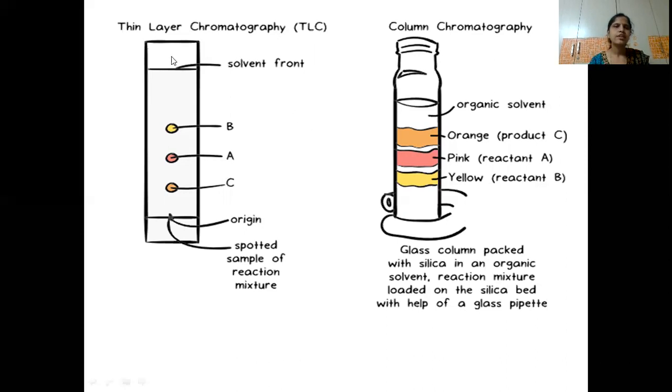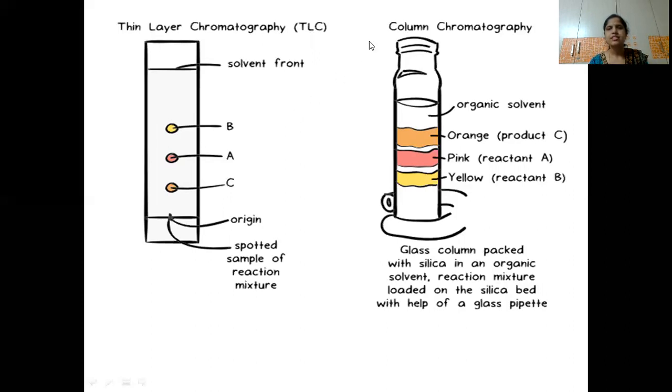In thin layer chromatography, this is the origin point where we load the sample, and after running the experiment, we find 3 different spots. All 3 are colored, labeled A, B, C. From the origin, the distance traveled by the B component is more when compared to A and C. Here we are measuring from the origin, which is this point.